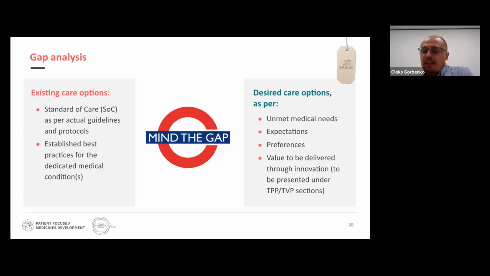We shouldn't concentrate on treatment options themselves, but we should concentrate on the value to be delivered through these treatment options. And that's why it's a bridge to research methodology, which answers the question of how to fill these gaps, and to the target product profile and target value profile as a final outcome of these steps forward.